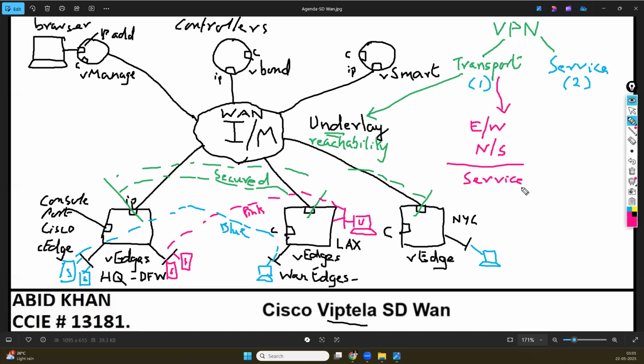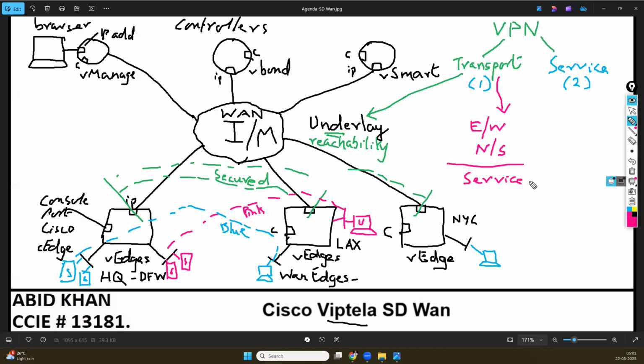Some customers might say, no, we don't want service traffic, the organization's information and data, to go through this. They will say we don't want SD-WAN communication, that means east-west communication and north-south communication, and this service traffic to go through the same link.